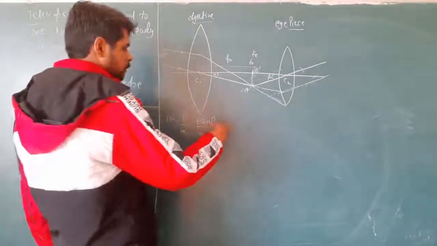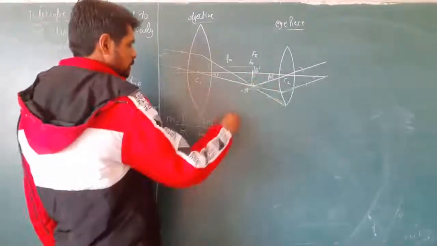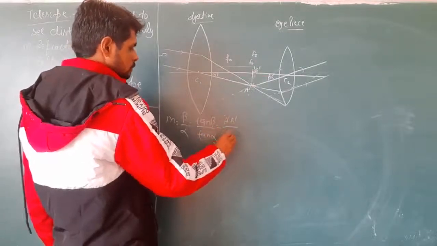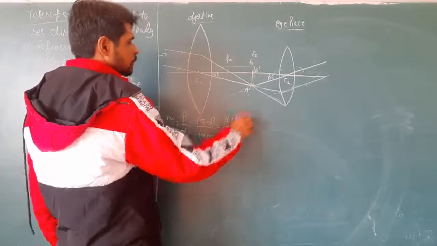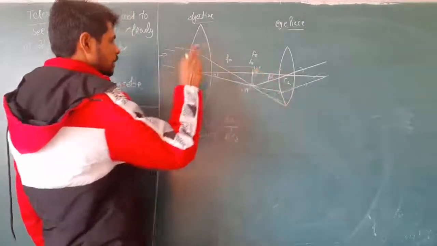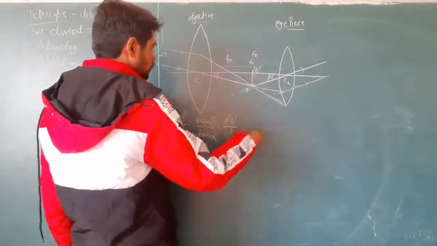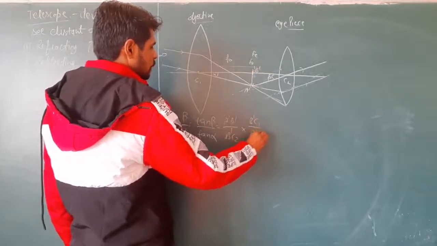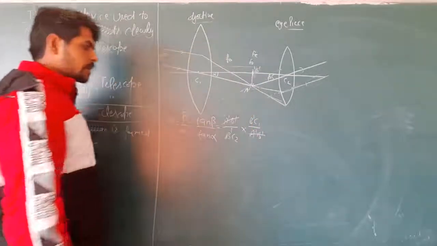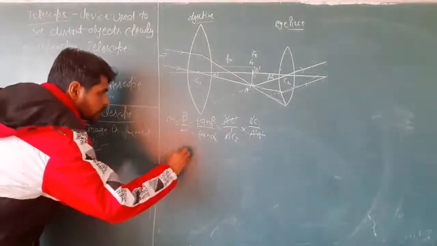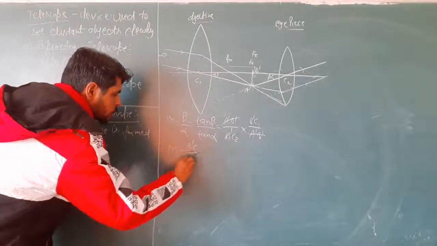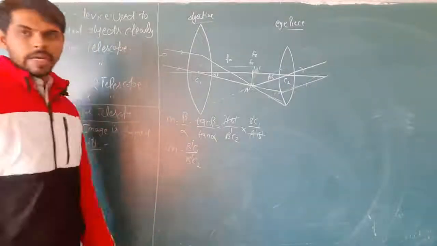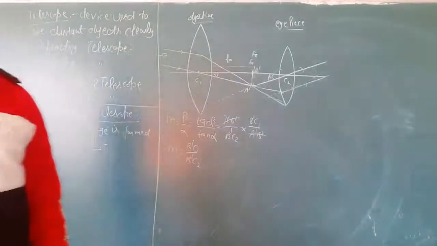So calculating the value of tangent beta from this side, that will be A dash D B dash divided by B dash C2. This is perpendicular by base. So again tangent alpha opposite हो जाएगा, base ऊपर जाएगा, that is B dash C1 divided by A dash B dash. A dash B dash, A dash B dash cancel. So magnifying power of astronomical telescope will be B dash C1 upon B dash C2.